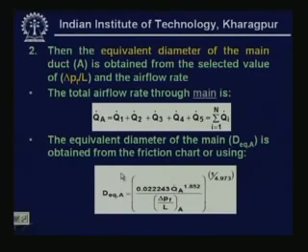Then the equivalent diameter of the main duct is obtained from the selected value of delta Pf by L and the airflow rate. For example, the total airflow rate to the main, Q dot A, is equal to Q dot 1 plus Q dot 2 plus Q dot 3 plus Q dot 4 plus Q dot 5.